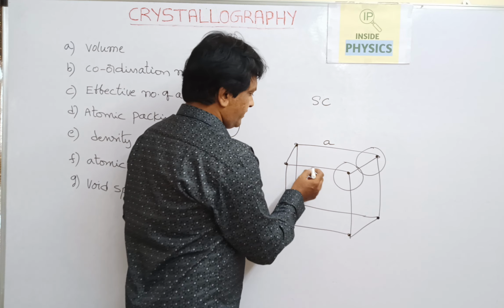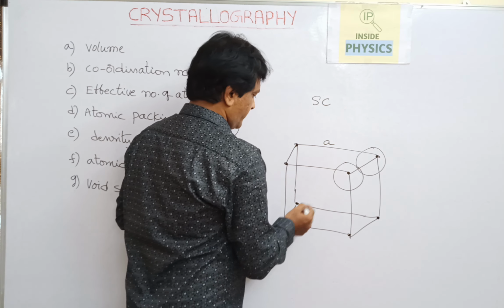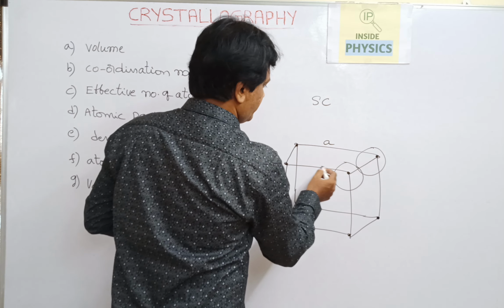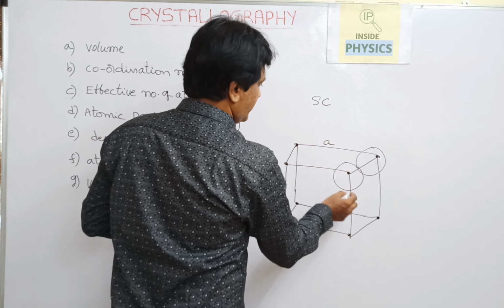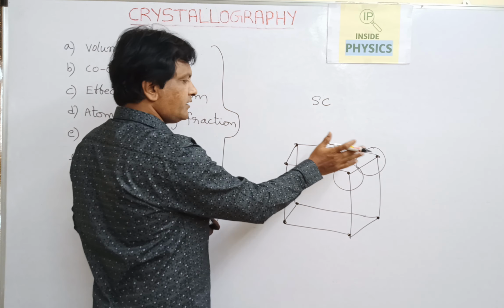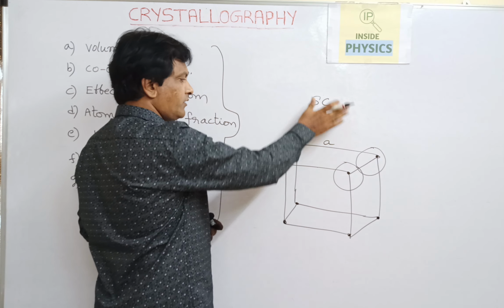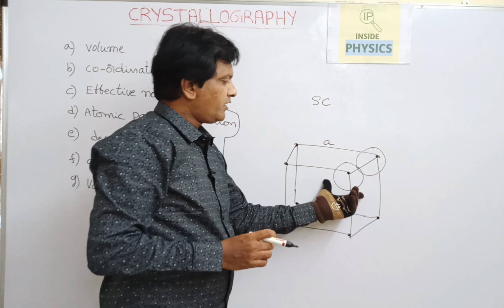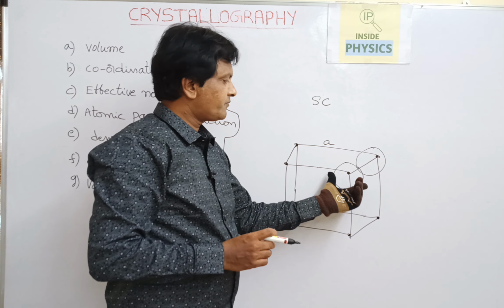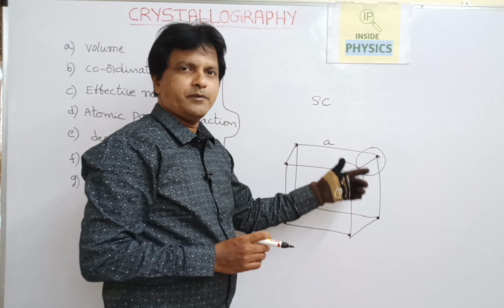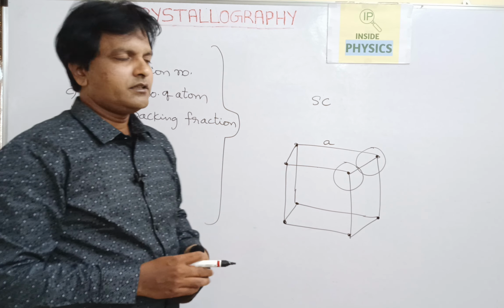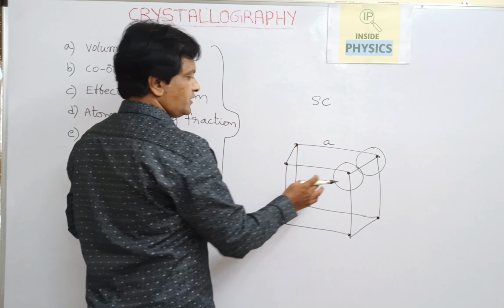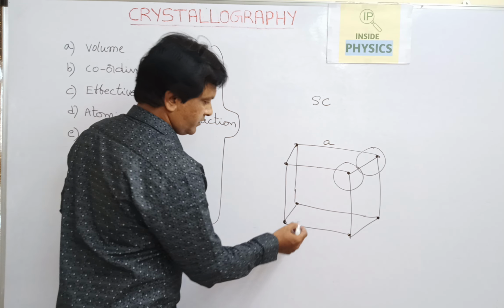There are three here and another three with another cubic cell on this side, on the upper side, on the right side. So in all, the atom will have 6 neighbor atoms. There are 6 neighbor atoms for each atom in a simple cubic structure.